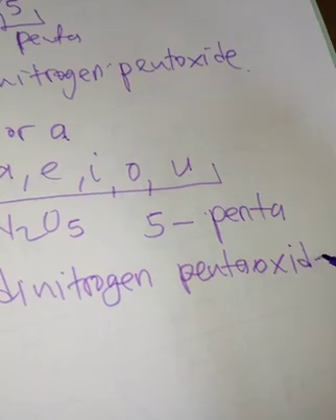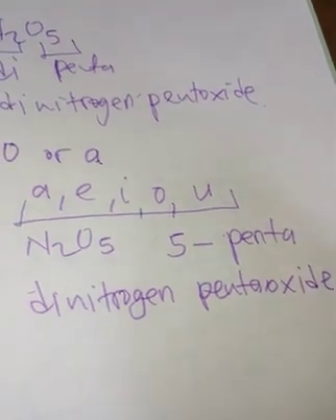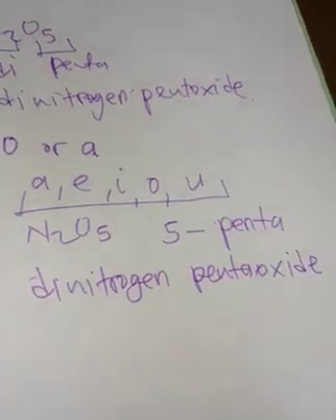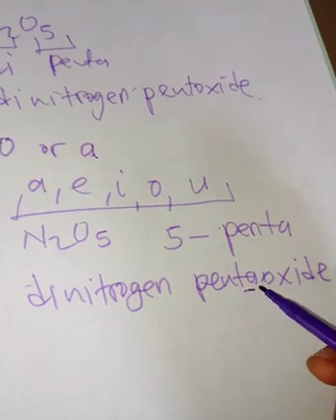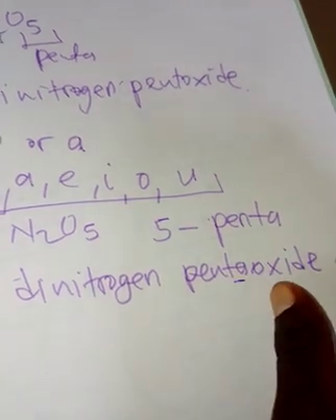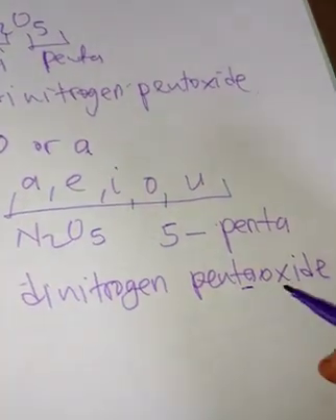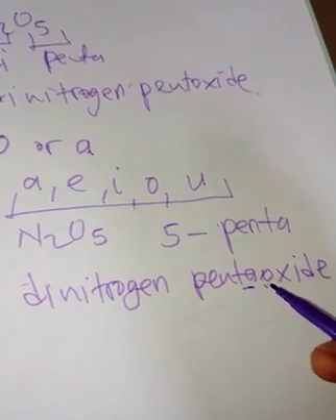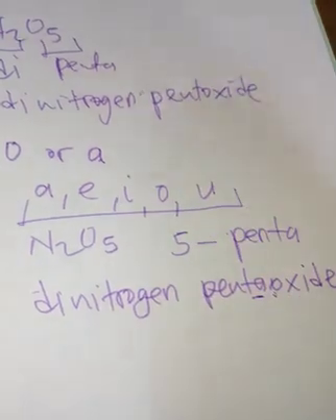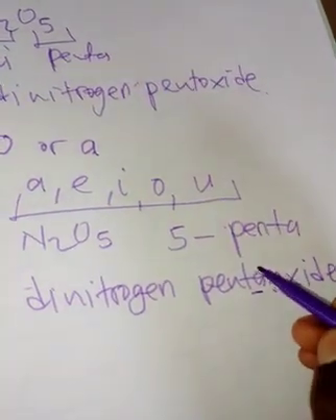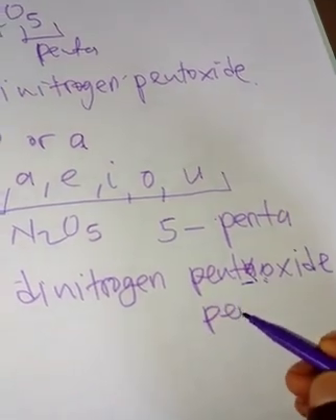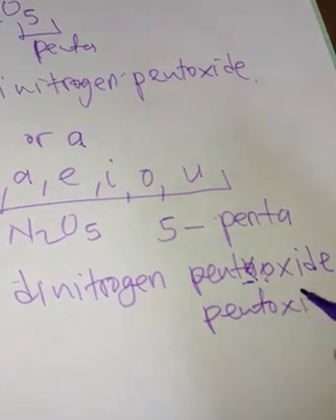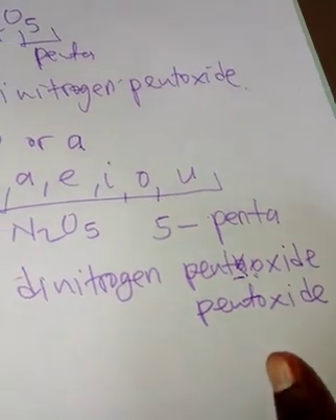To avoid awkward names, we often drop this final A when the element that is coming starts with a vowel. So O is in this group of vowels. Therefore, we drop this final A, and the name simply remains pentoxide. That's what you do.